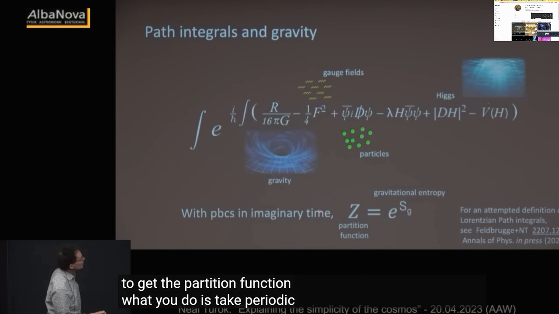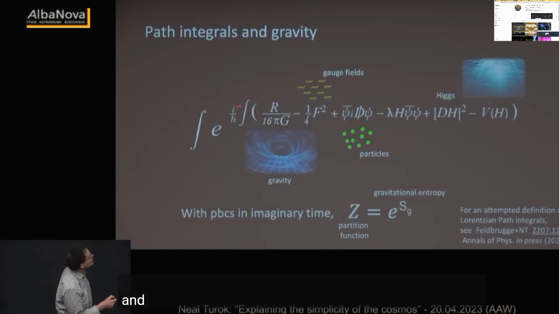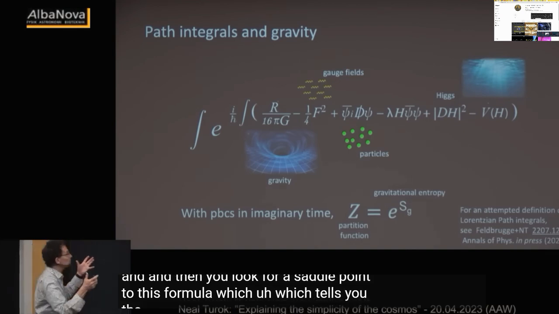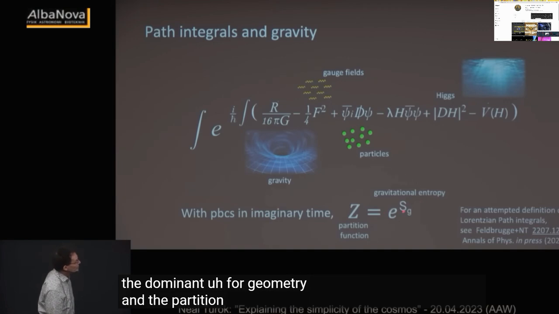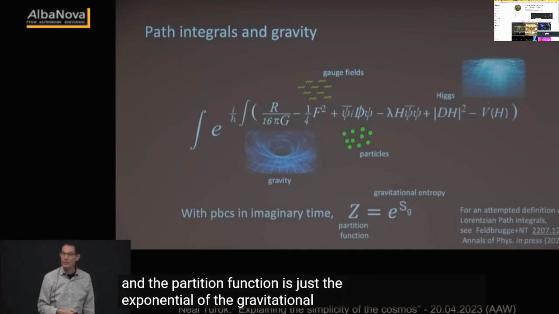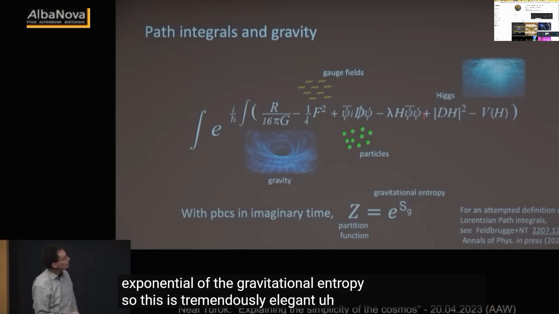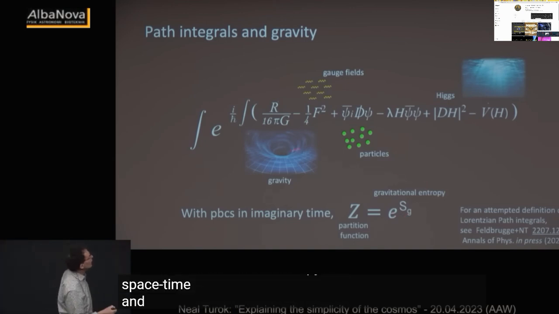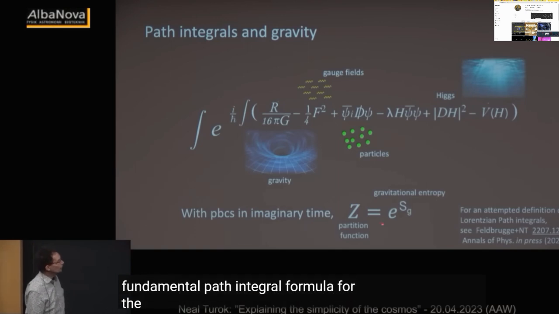What you do is take periodic boundary conditions in imaginary time, and then you look for a saddle point to this formula, which tells you the dominant Euclidean geometry, and the partition function is just the exponential of the gravitational entropy. So there's this tremendously elegant connection between the entropy of a space-time and the fundamental path integral formula for the amplitudes.